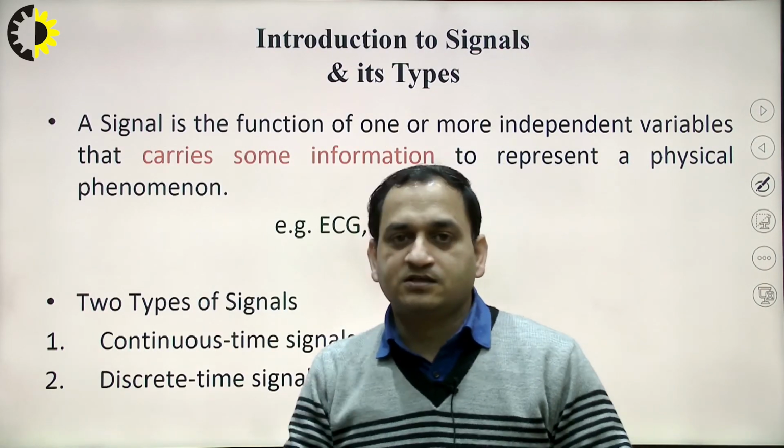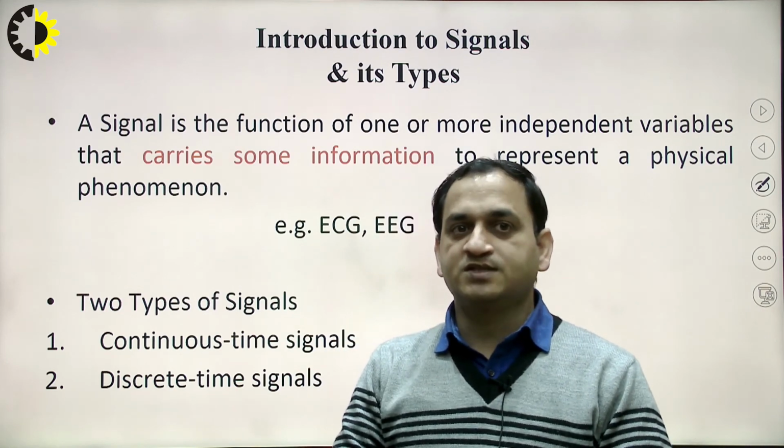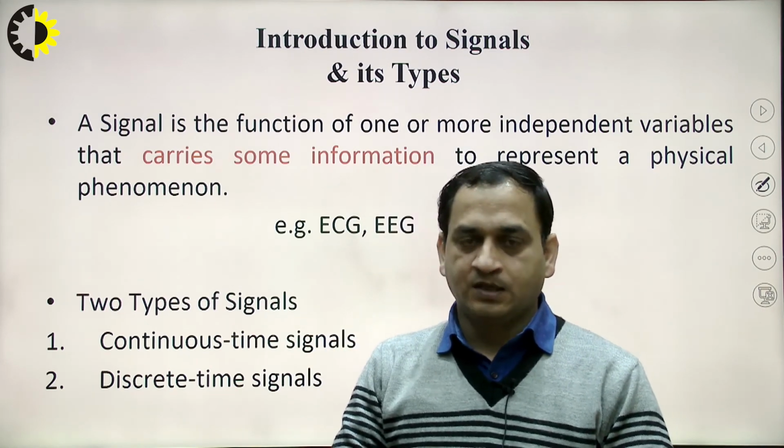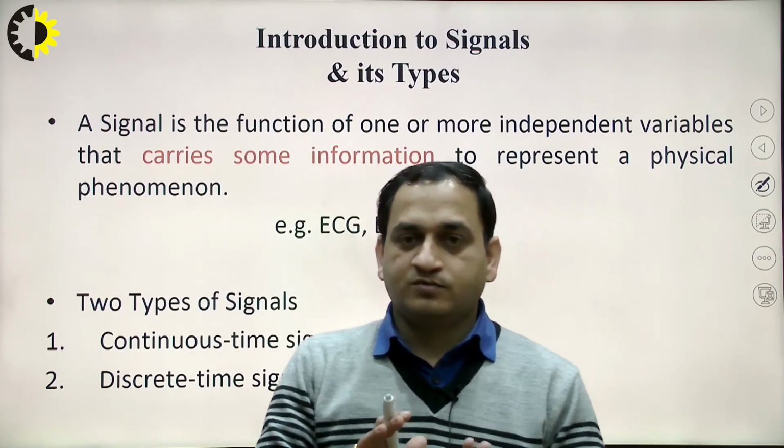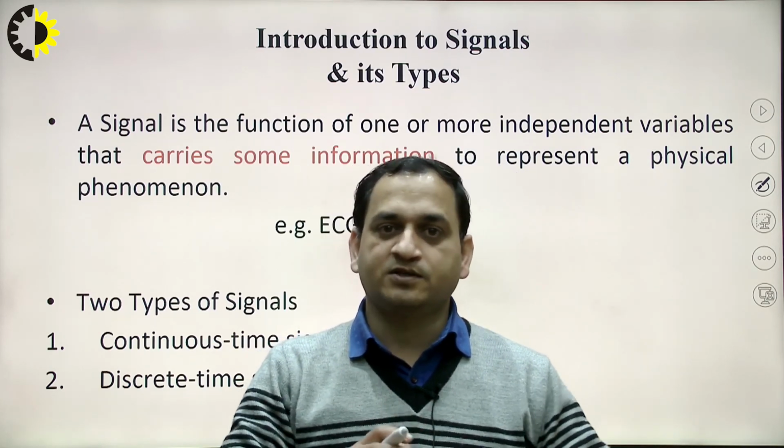Now we will start the introduction of signals and their types. In basic terms we will only explain now, and in the next lecture we will discuss signals and their types in elaborated form.